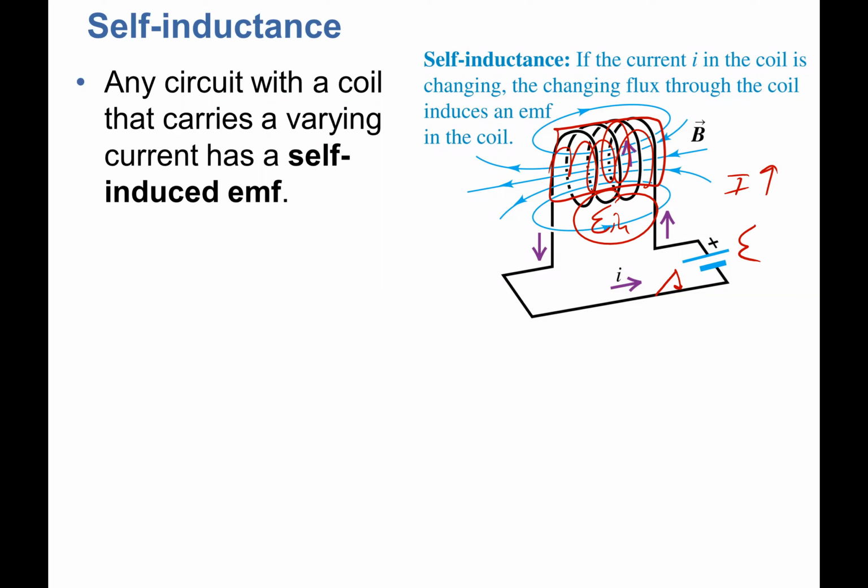It can try to fight it for a little bit, right? But then as the current becomes steady, the induced EMF technically goes to 0 very quickly. Okay, but still, one of the things we can do here is you can have this device, which makes the current from the power source increase at a slower rate.